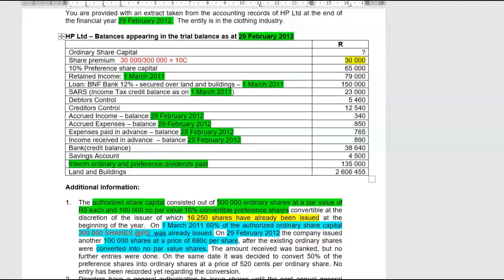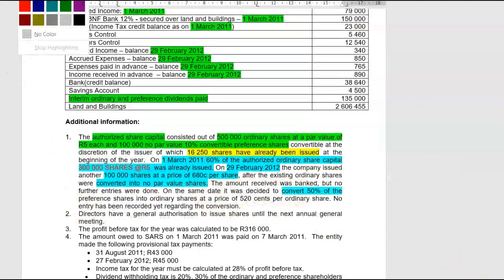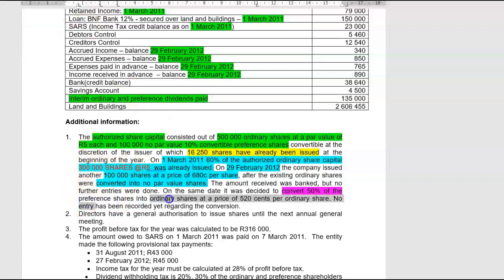Okay, on the same date, it was decided to convert 50% of the preference shares into ordinary shares at a price of 5 Rand 20 per share. Now, in issue was 16,000, and then they tell us no entry has been recorded yet regarding the conversion.